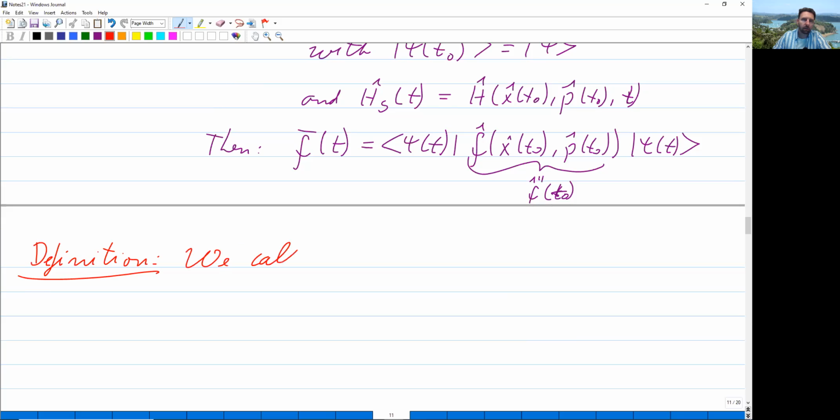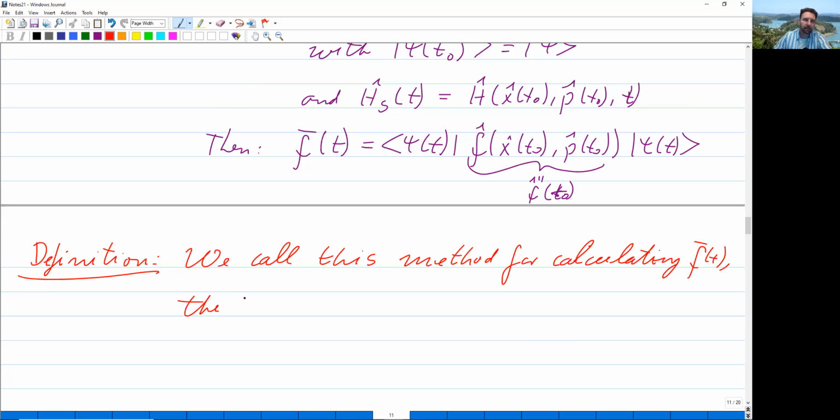We call this method for calculating f bar of t the Schrödinger picture.